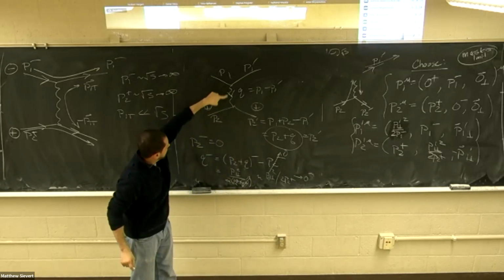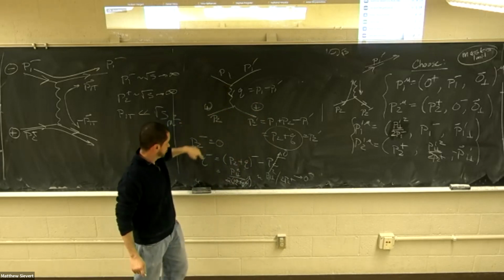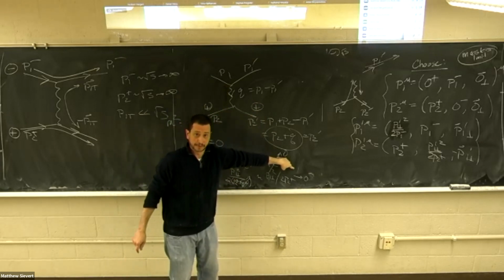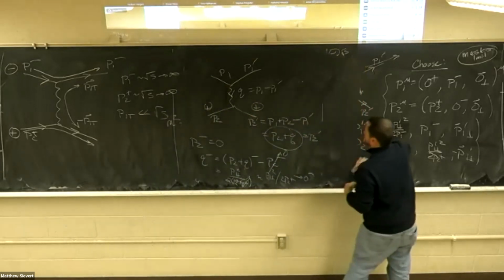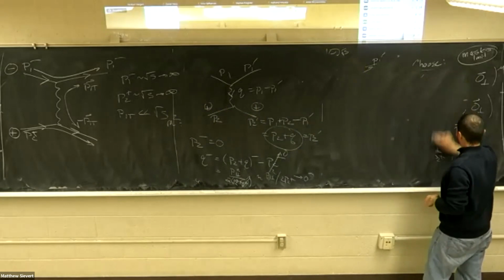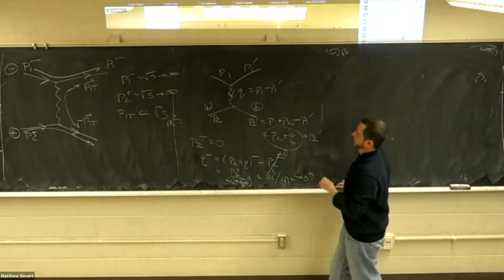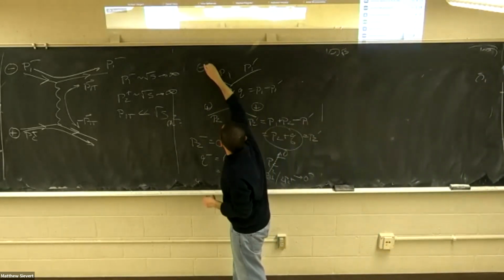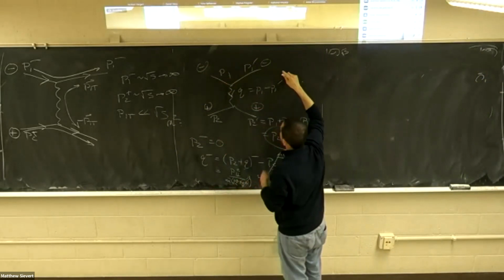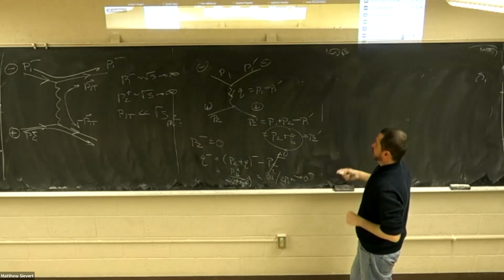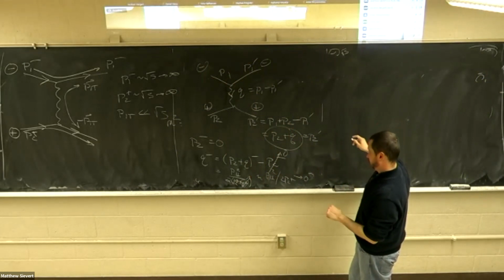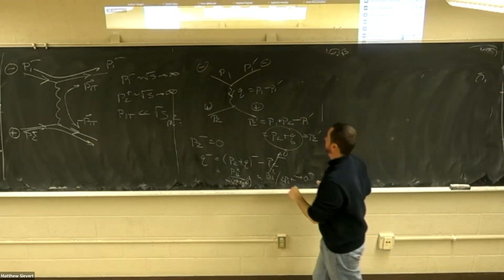Better way to say it is, let me calculate how much plus momentum went through the middle, and I found almost 0. In the same way, I fixed the plus momentum component from the upper half of the diagram. So I had a large minus momentum flowing up here. And then my minus momentum is set by the on-shell conditions.